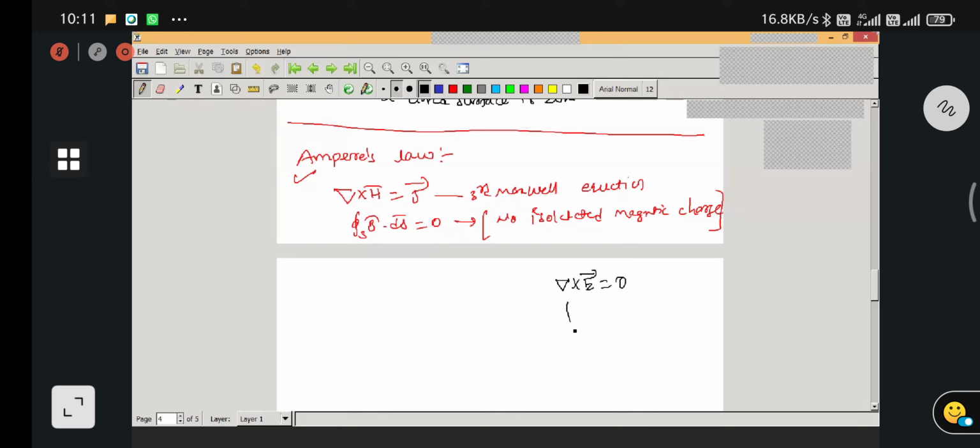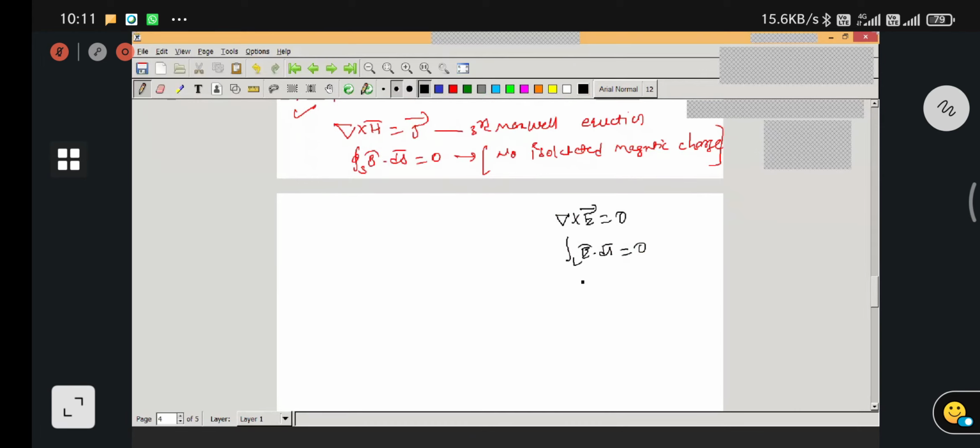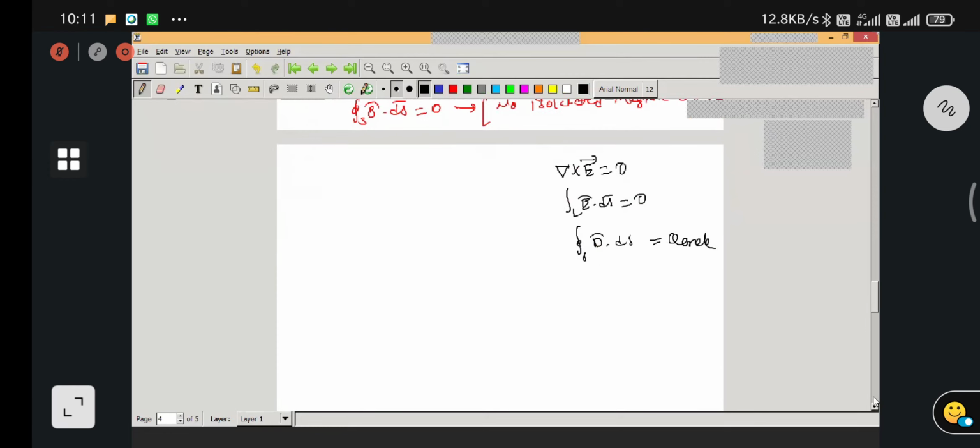In integral form, the line integral of E dot dl equals 0. In electrostatics, the surface integral of D dot dS equals the charge enclosed. This is the electrostatic charge.